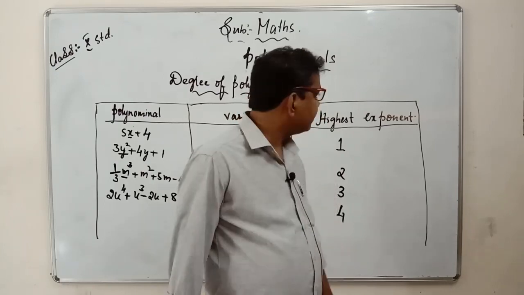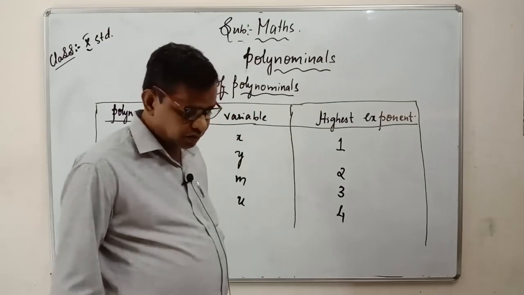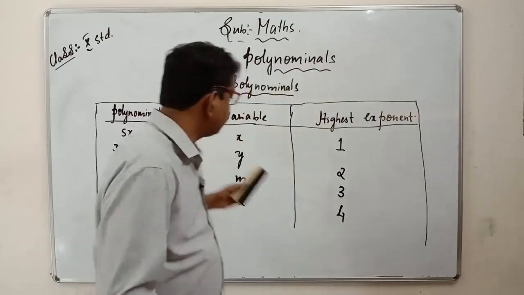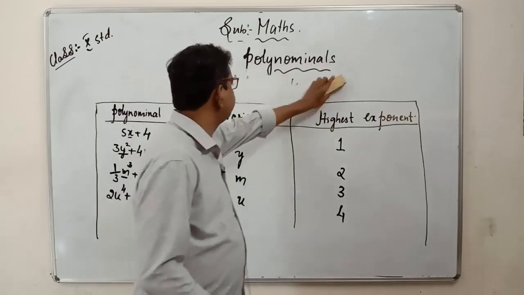So we can write these in statements also. I will write the statements also, copy the statements. How to read these polynomials?